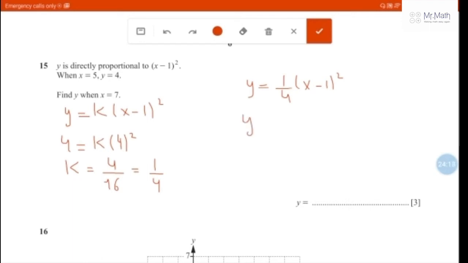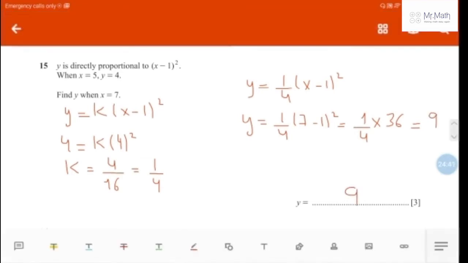So I have y equals 1 over 4 times 7 minus 1 squared. So it's equal to 1 over 4 times 7 minus 1 is 6, so 6 squared is 36. So 36 times 1 over 4, the answer is 9. So y is equal to 9.